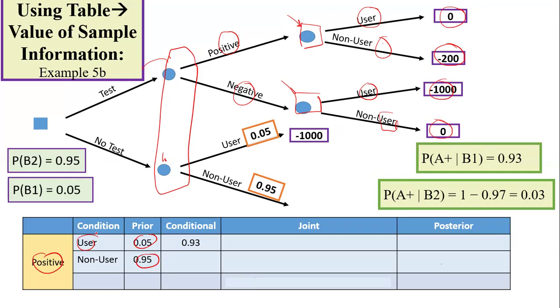Okay. 0.93 is the probability of testing positive, given that he is a drug user. Okay. Probability of drug user is 0.05. Now it's a conditional probability.